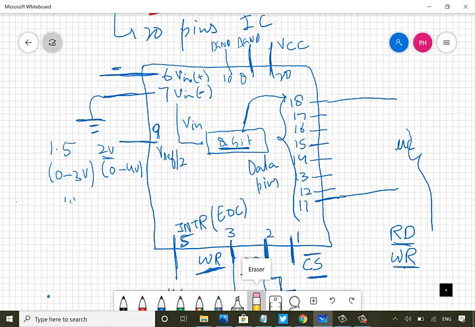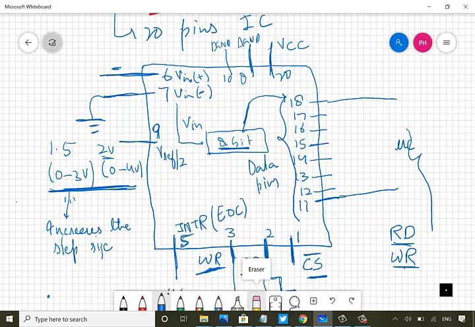What changing the reference voltage does is that it actually decreases the step size.